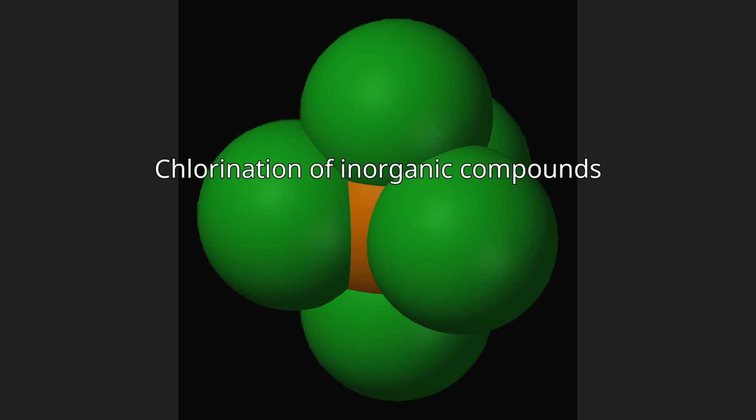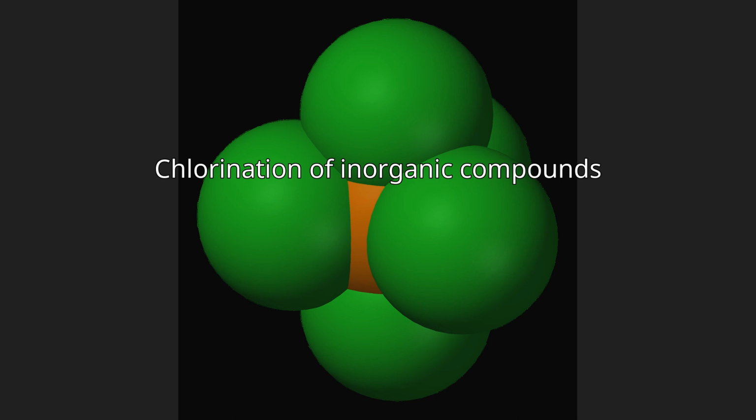PCl5 chlorinates nitrogen dioxide to form unstable nitryl chloride: PCl5 plus 2 NO2 gives PCl3 plus 2 NO2Cl, and 2 NO2Cl gives 2 NO2 plus Cl2.